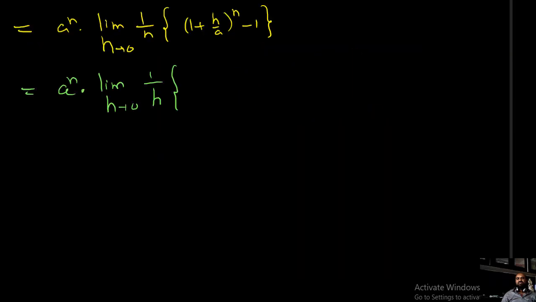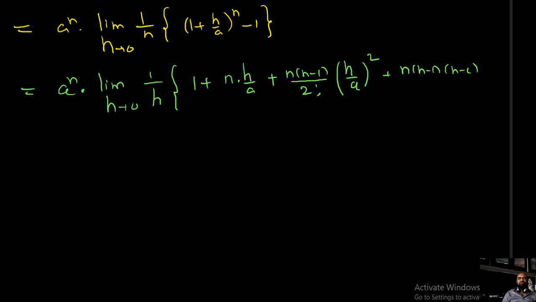Just 1 plus nx, where x means h by a, plus n into (n minus 1) by 2 factorial into (h by a) whole square, plus n into (n minus 1) into (n minus 2) by 3 factorial into (h by a) whole cube, plus so on to infinity.